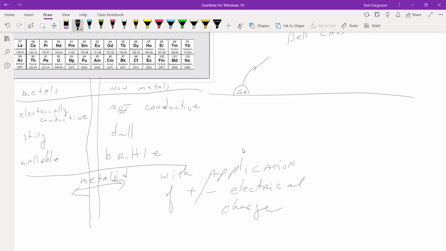It'll either conduct or not conduct. Now, going back to 1947 with the Bell Labs, they took a germanium, which is a metalloid, applied a positive current to it, and it was conductive. They applied a negative charge to it, it was non-conductive.